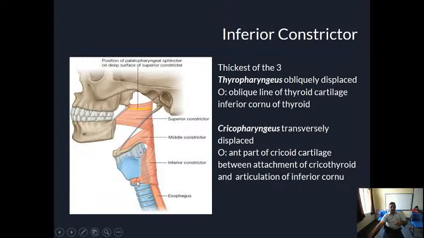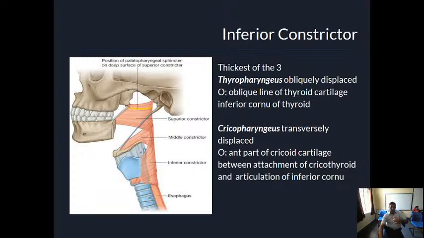And the cricopharyngeus muscle. So, thyropharyngeus and cricopharyngeus muscle. In between there is a small area between these two, which is a weak area sometimes, where there can be herniation of the mucous membrane of the pharynx, which is called Killian's diverticulum.